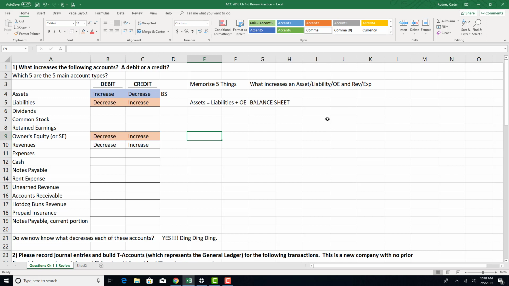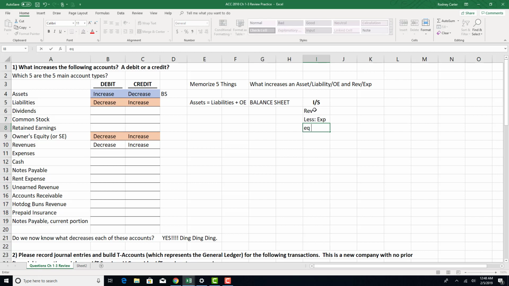Because if you think of the income statement formula, the income statement formula is revenues less expenses equals net income. I've made that really hard to read, but revenues minus expenses equals net income. Well, how do we get to the next financial statement?